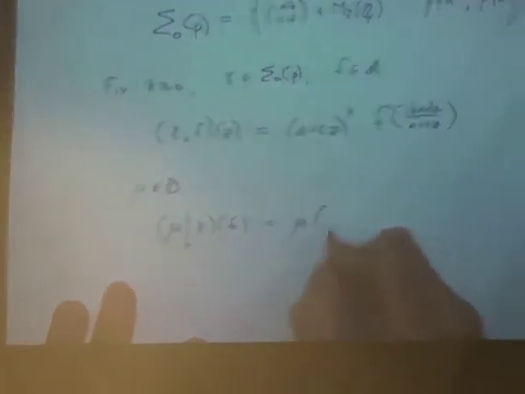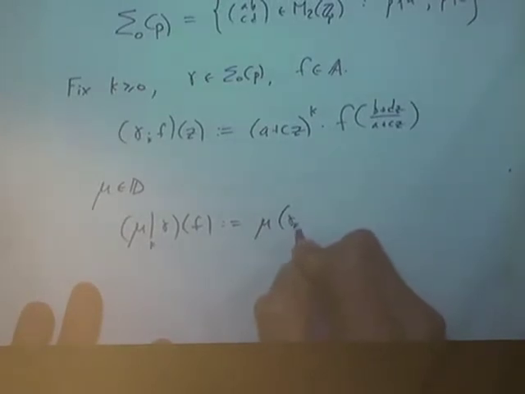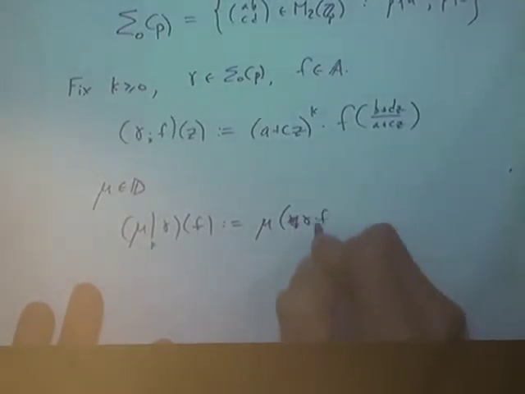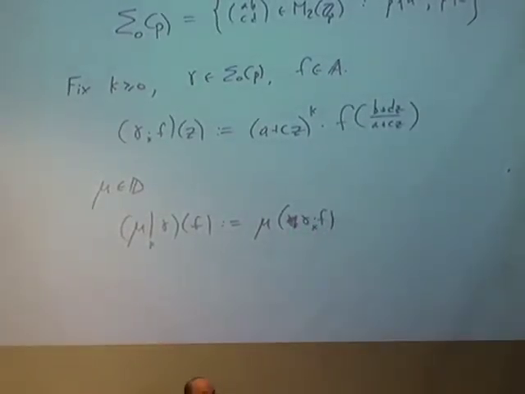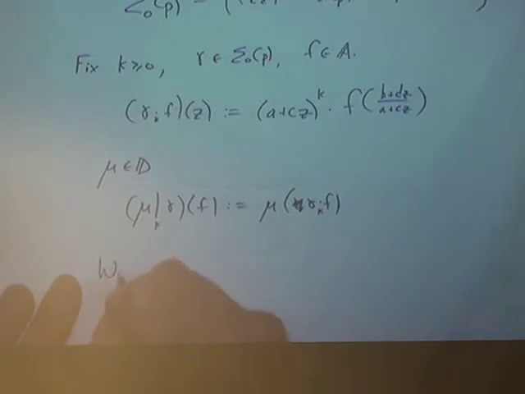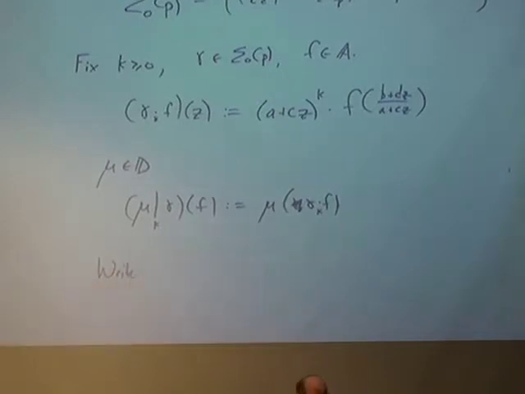I just act on the function using the weight k action. Now that's a right action. And then when I'm thinking of these things as modules with the induced weight k action, I write A_k and D_k, when this is the group, this is the way that I'm acting.